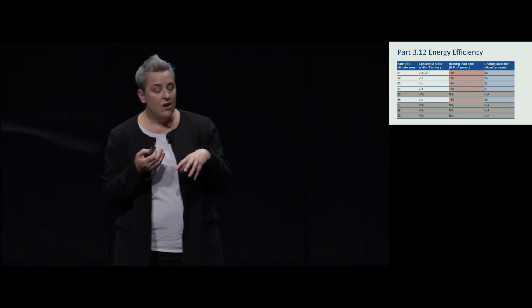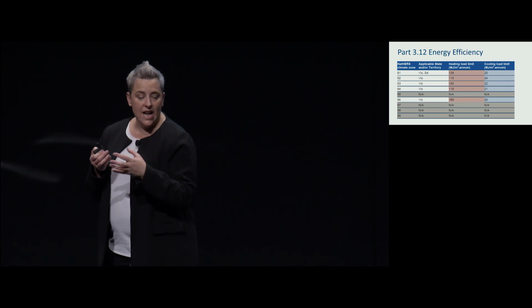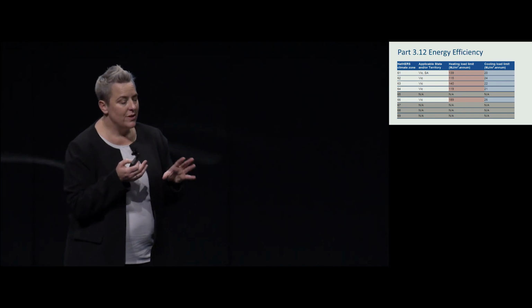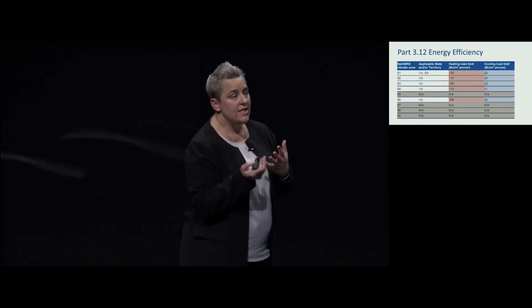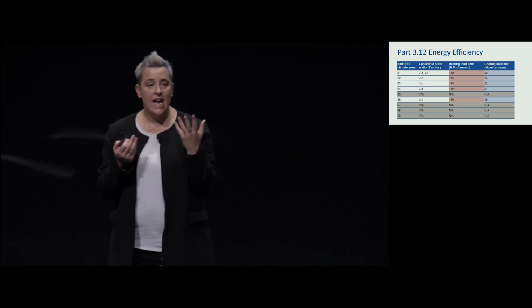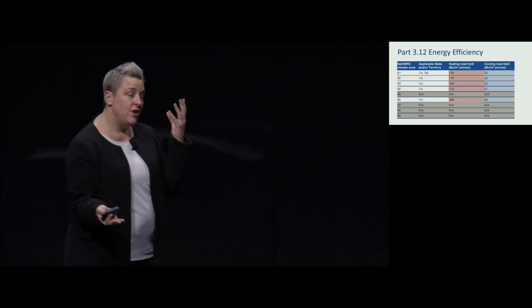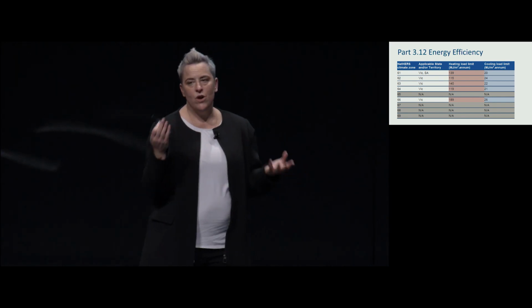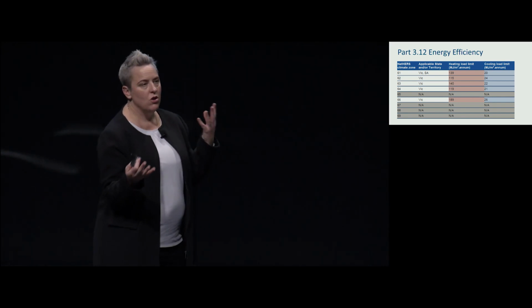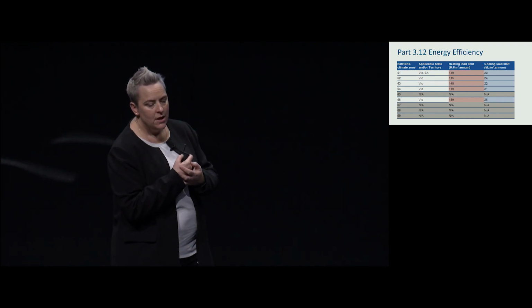If we consider NatHERS Climate Zone 66, which is for Ballarat, we can see that our Class 1 building is not allowed to exceed the load limits specified. What you'll note is that some areas will have a way higher heating load limit than the cooling limit, or vice versa, you'll have a higher cooling load limit than heating. It all depends on where you're located and what your climate is as to what your heating and cooling load limits are.